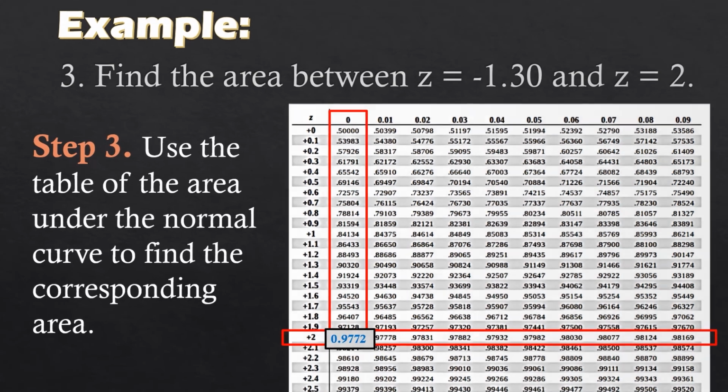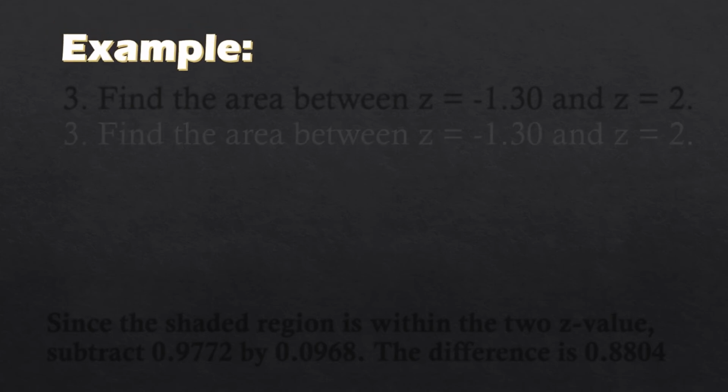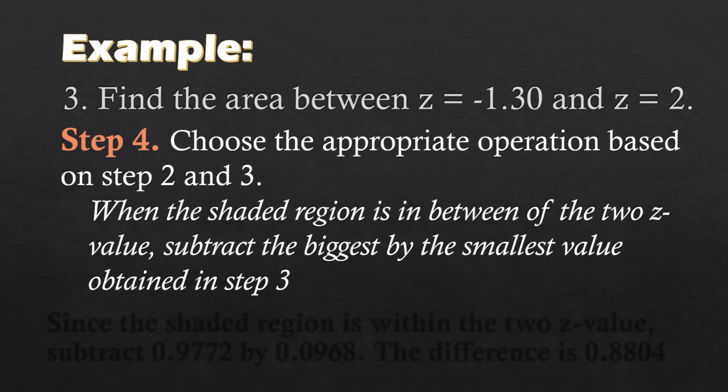And for the fourth step, we need to choose the appropriate operation based on steps 2 and 3. Here is the condition: when the shaded region is in between, we need to subtract the smallest value from the biggest value that we have from step 3.